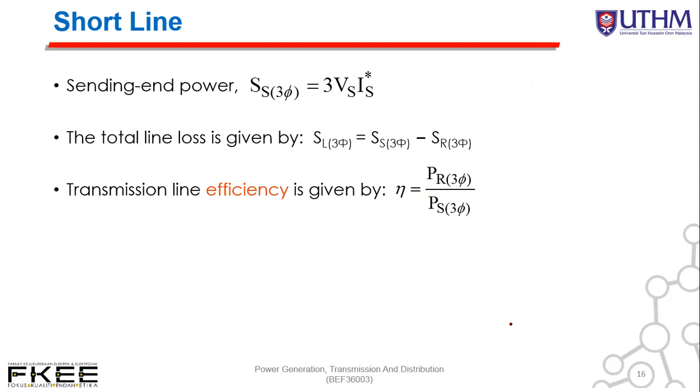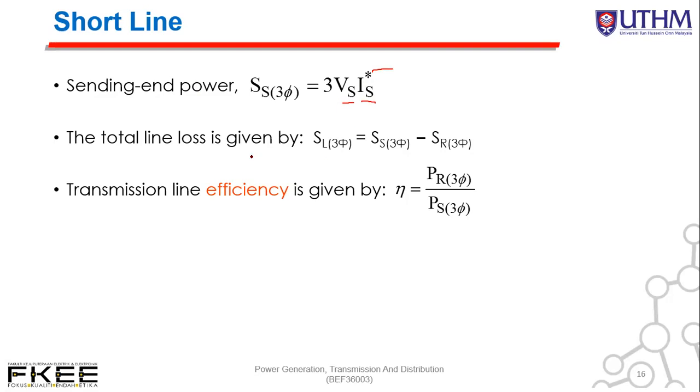Another equation that can be used is for the sending end power, SS three phase. The apparent power at the sending end, three phase, equals 3 Vs, the sending voltage, times Is conjugate, the sending current conjugate. So just change the sign: if Is is for example 1 plus 2j, it will become 1 minus 2j.